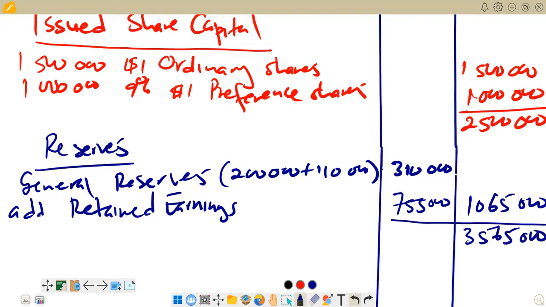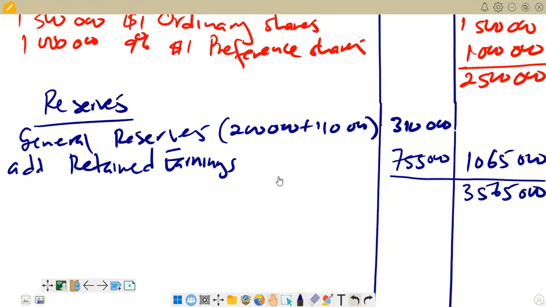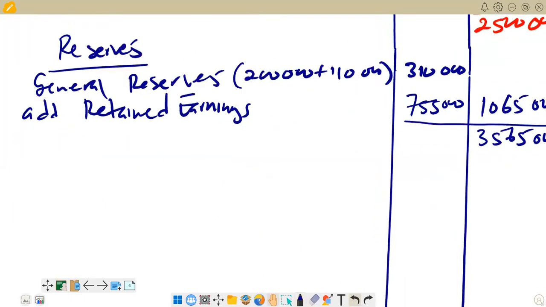Right, so that's what we have. But remember, we also have debenture as a non-current liability, so we can include it here as non-current liabilities.